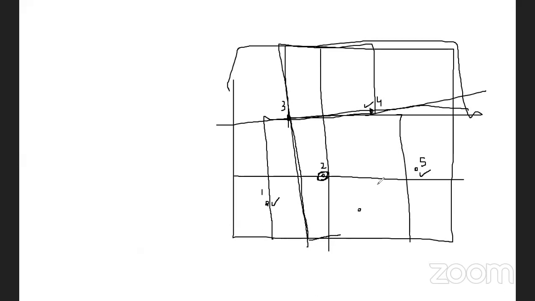Okay, that's interesting. But what if the optimal... Let me just clear this. So let's say it's something like this, okay? Let's say the points are 1, 2, and 3.